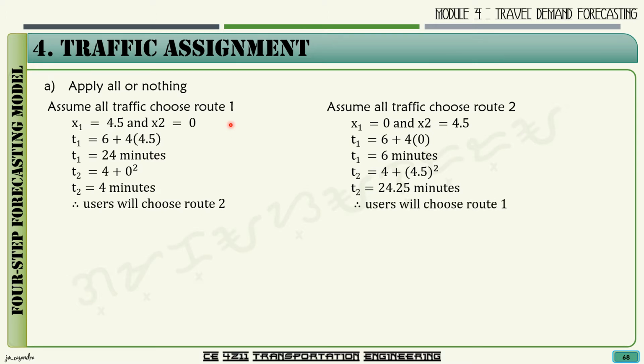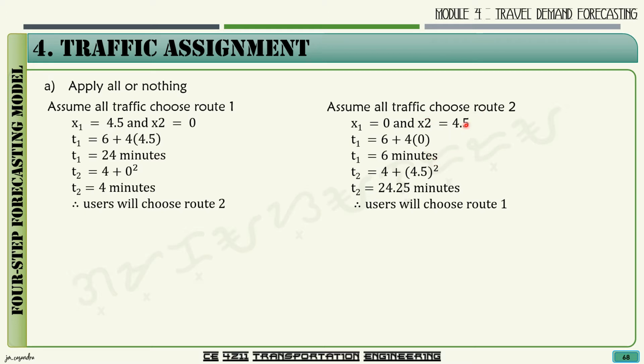So if you can see, if all vehicles will be choosing route 1, there will be more travel time for T1. Thus, if we assume that all traffic is using route 1, then as an additional user, you'll now be choosing the shorter time, which is route 2.